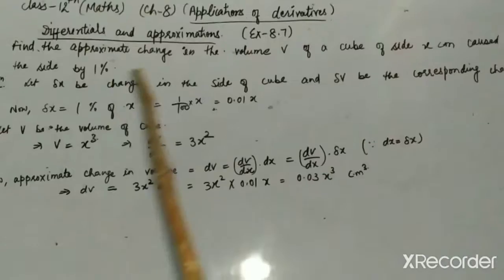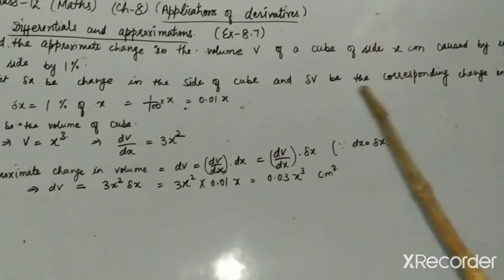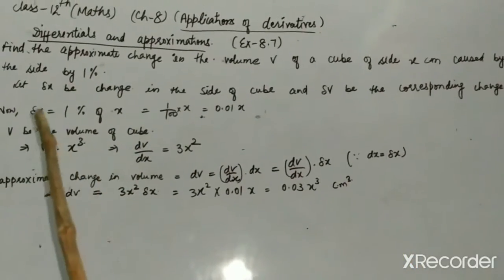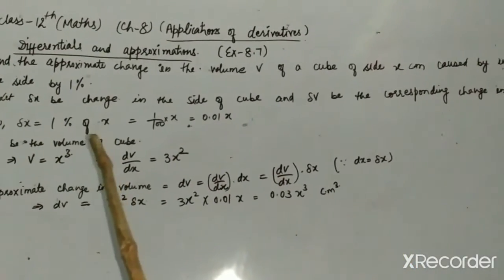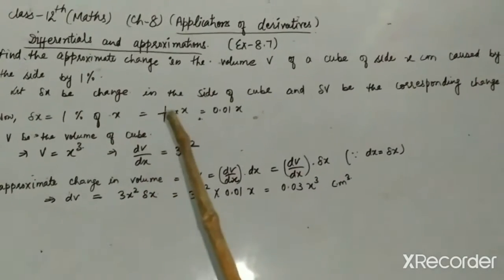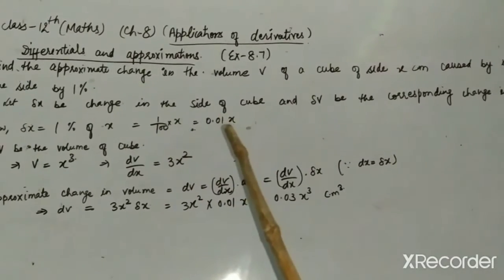So let us represent this change in side by del x and the corresponding change in volume by del V. Now we are given del x is 1% of the side, that is 1% of x. 1% will be 1 by 100 into x, that is 0.01 x.